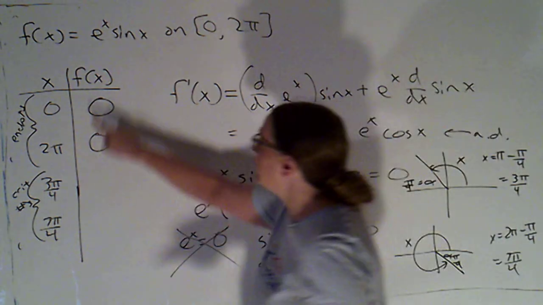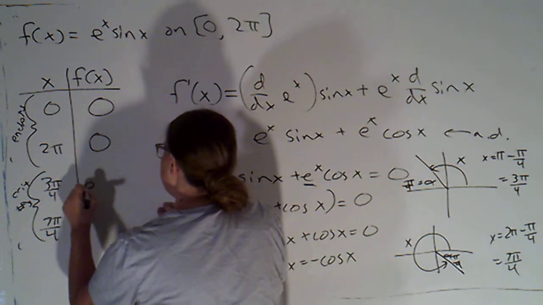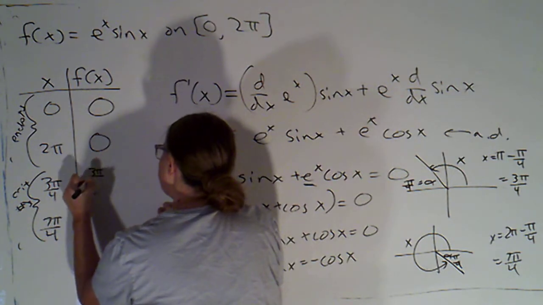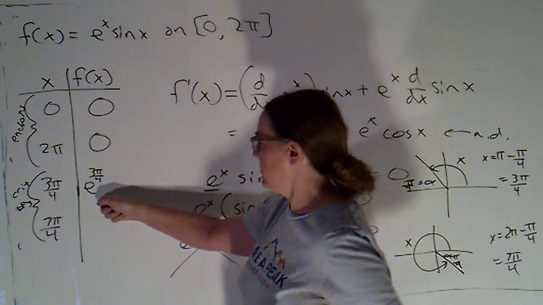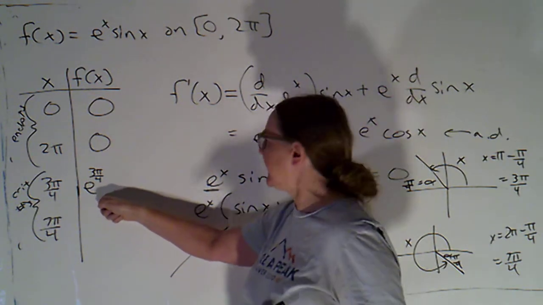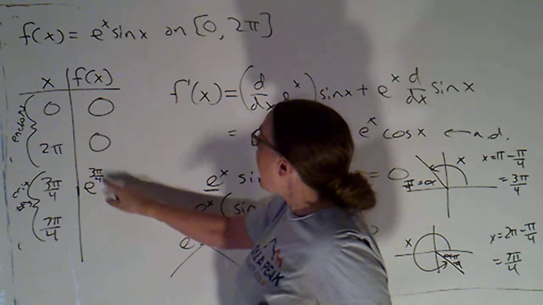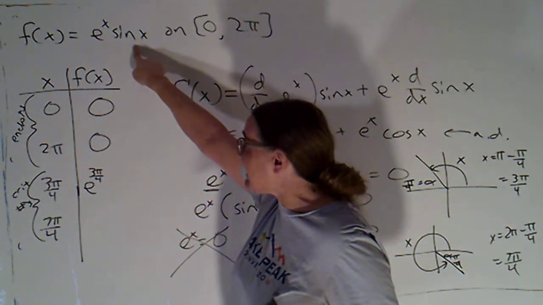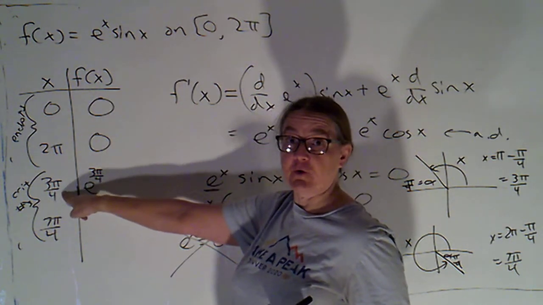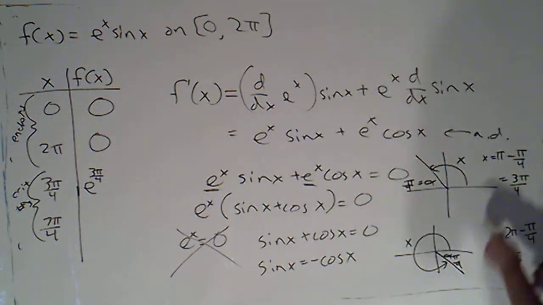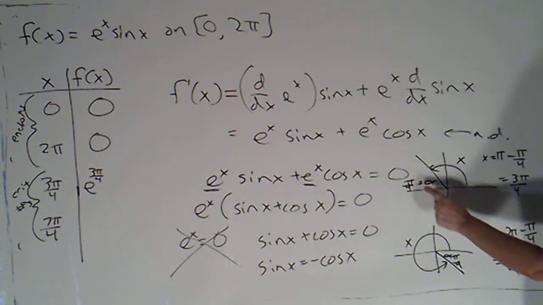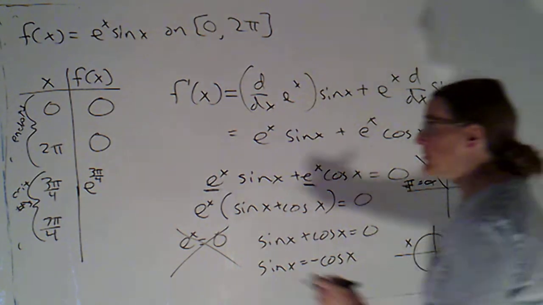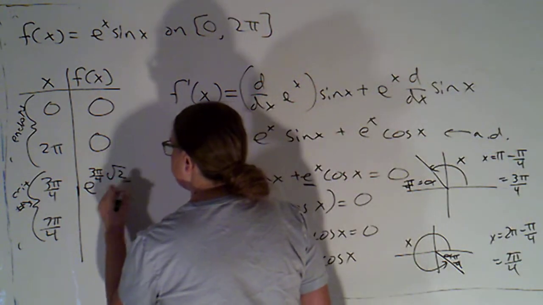So when I plug in 3 pi over 4, I'm going to get e to the 3 pi over 4, which is a perfectly acceptable number. It's actually a pretty cool number because it has an e and a pi in it. Very nice. And I have to multiply that by sine of 3 pi over 4. So if I look over here, 3 pi over 4, that was in quadrant 2, so sine is positive. And because the reference angle is pi over 4, it's going to be root 2 over 2.